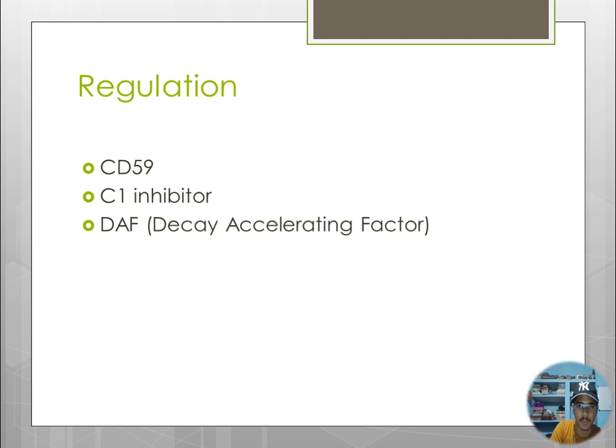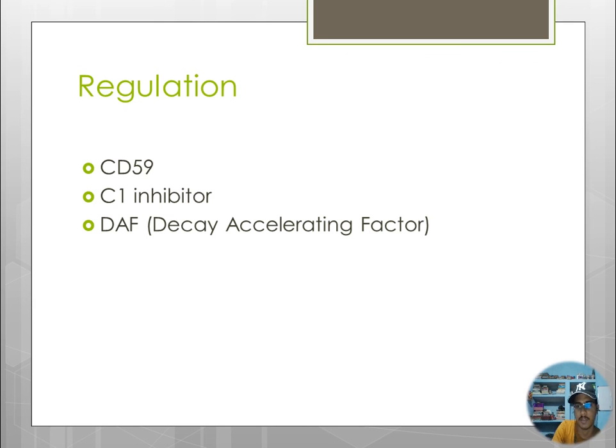Second, we have the C1 inhibitor. And third we have decay accelerating factor. Now this decay accelerating factor is GPI anchored on the red blood cells. DAF, the decay accelerating factor, inhibits the C3 convertase.